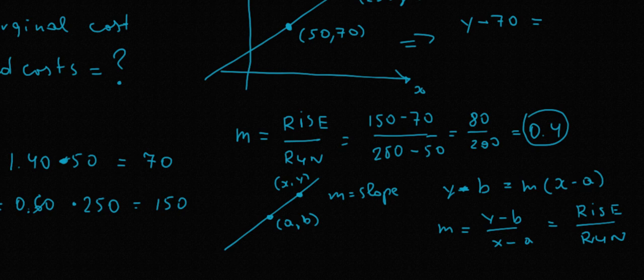Y minus 70 equals 0.4 times x minus 50. And now to find the y-intercept of this line, we'll simply plug in x equals 0 and solve for y.